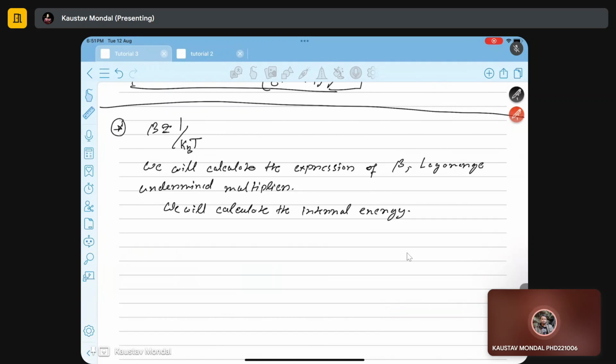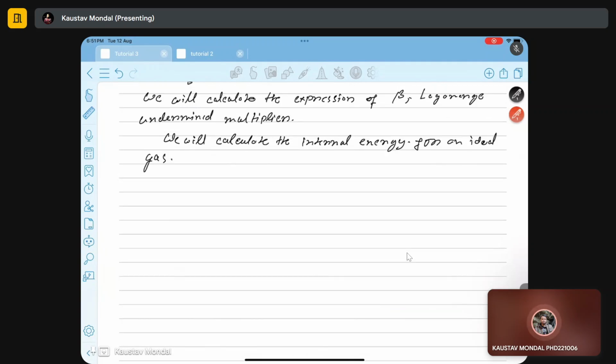We will calculate the internal energy for an ideal gas, and then from there we will calculate the expression of beta.